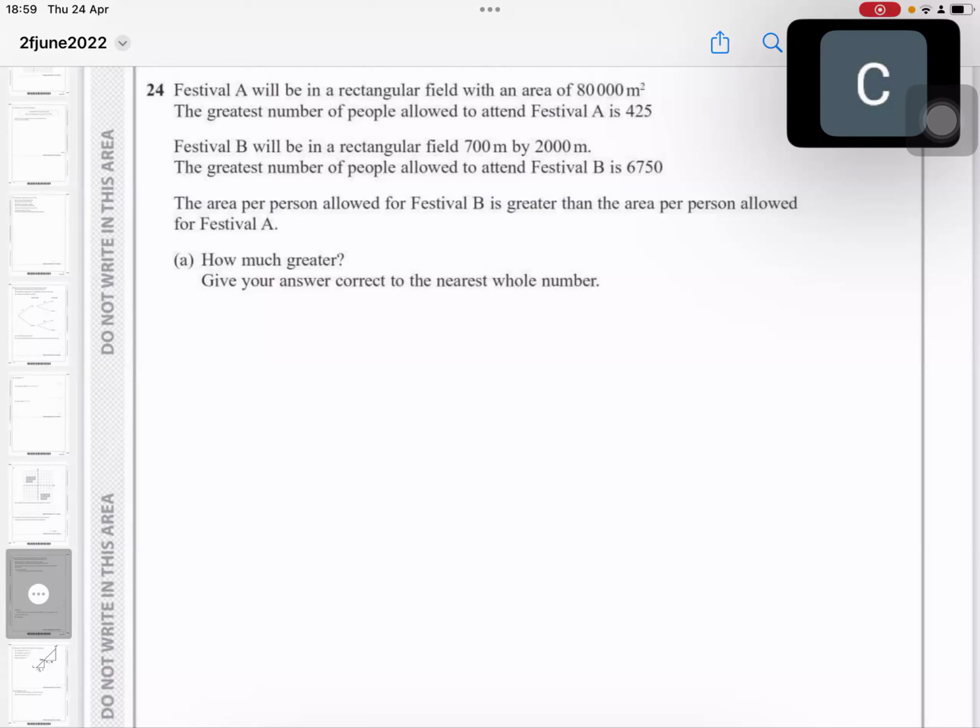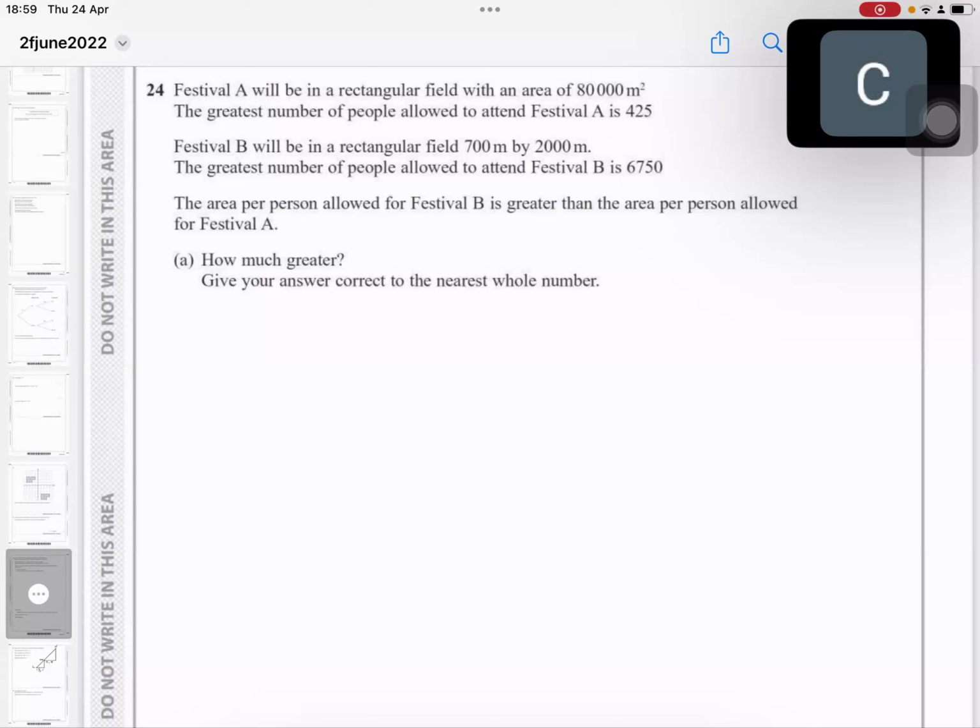188.2. So, of course, they've already established that Festival B is greater than Festival A in terms of area per person. So we already know that. The question is how much greater? You simply subtract the smaller one, that's the one for A, from the one for B, isn't it?